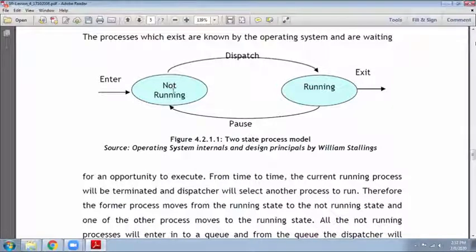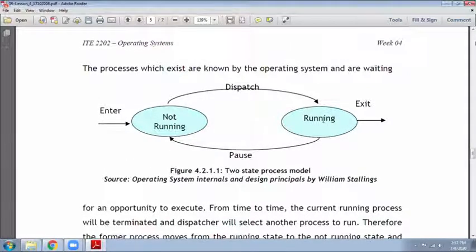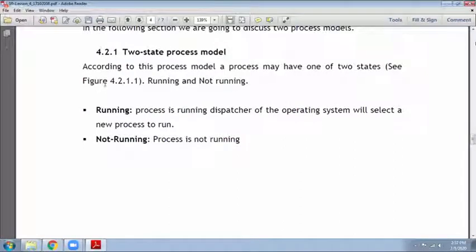The state of a process is not running or running. So our process can be in the not running state or the running state. Two-state model. Okay, it has two states. One is the running state, another one is the not running state.